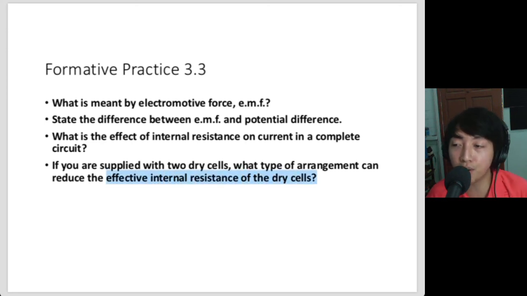If you want to reduce effective internal resistance, you would arrange them in parallel. If you wanted a higher total voltage, then you would arrange them in series.